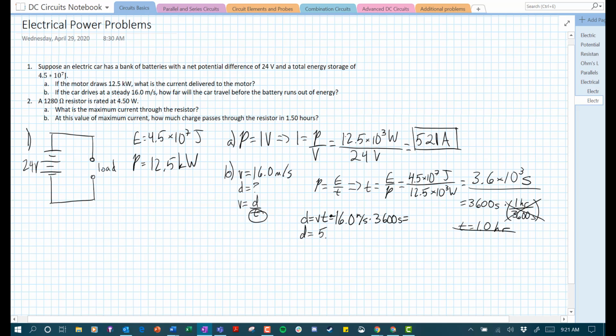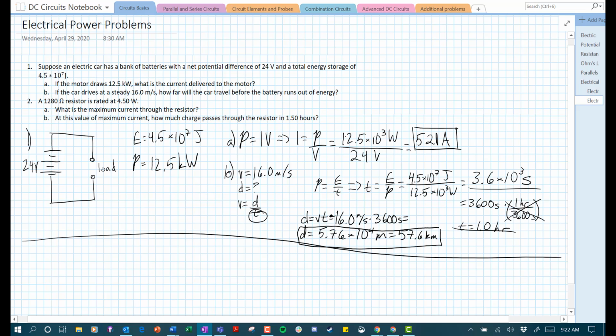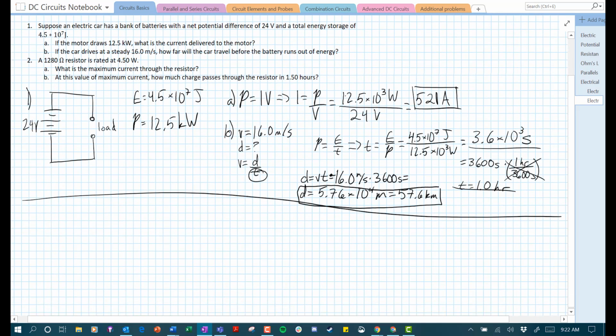Distance is 5.76 times 10 to the 4 meters, or 57.6 kilometers. There's our answer. Just application of our equations for electrical power, and speed is distance over time.